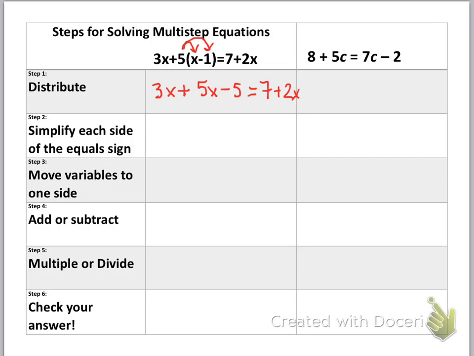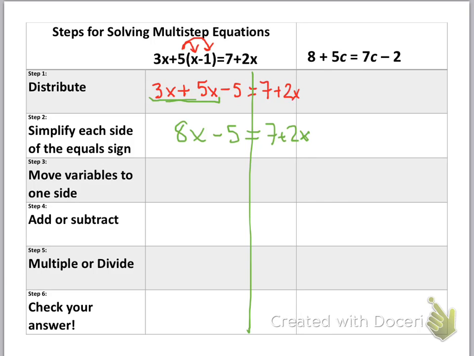Okay? Step 2, simplify each side of the equal sign. So I want to look at this side all by itself. Is there something I can simplify? Yes. I can do 3x plus 5x. So flip up the next tab and write 8x minus 5 equals 7 plus 2x. Can't do any more simplifying there. Flip up the next tab. Move variables to one side. I can make a choice here.